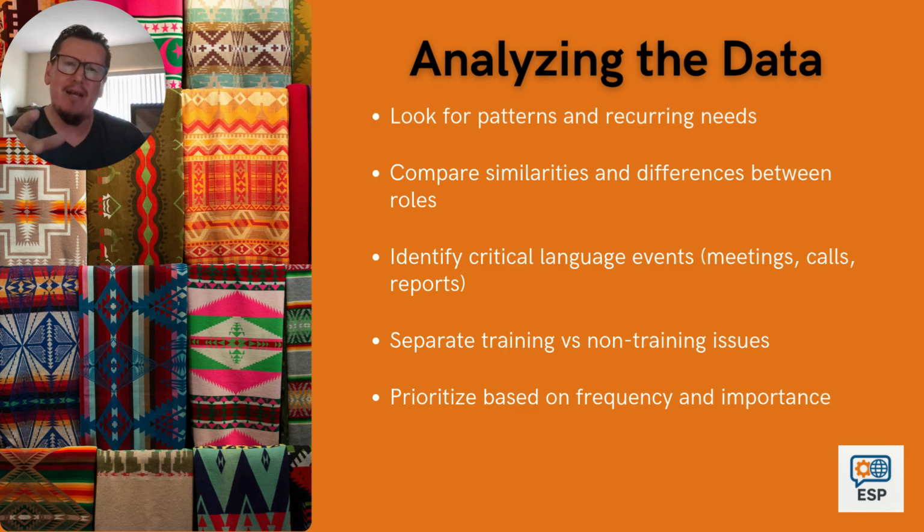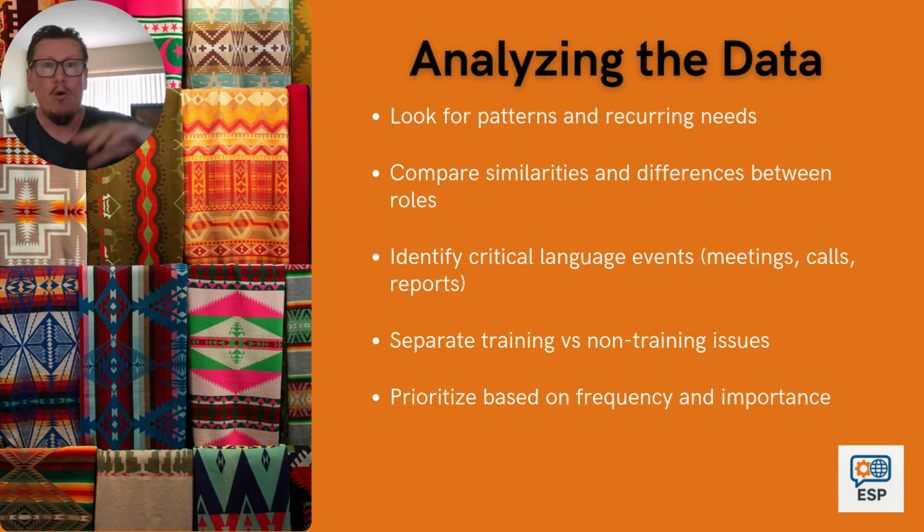Prioritizing based on frequency and importance. Again, I was already commenting on this before. The frequency of how many times something comes up, or maybe the frequency of how many times something doesn't come up, can also be important. It really depends on what you're looking for, what your question is as you're filtering and finding those patterns. What's the priority?